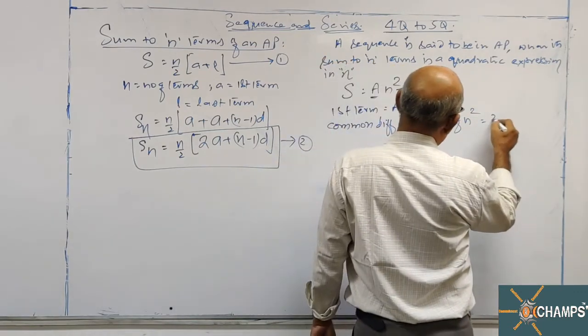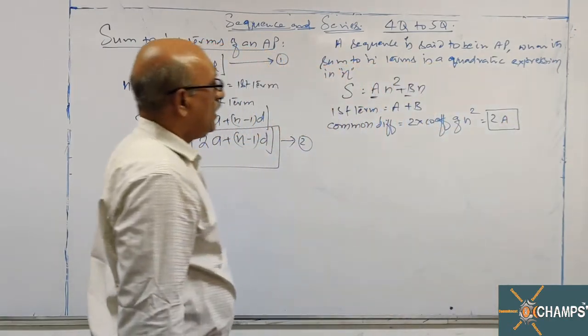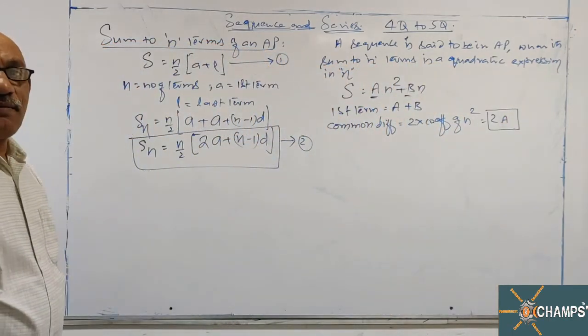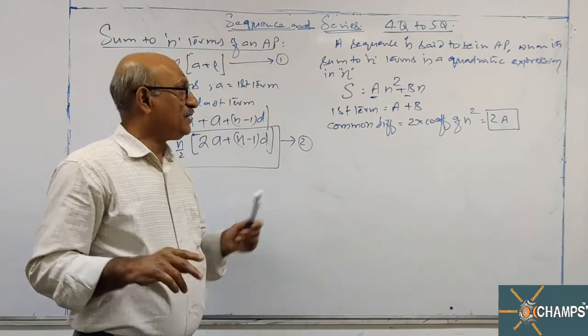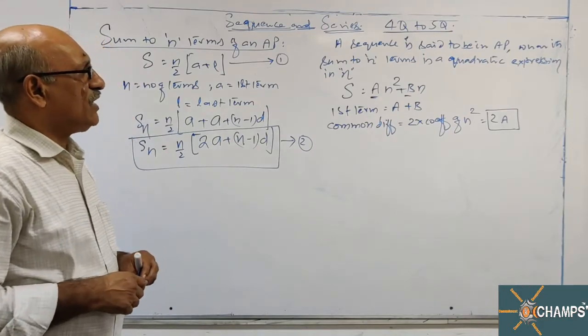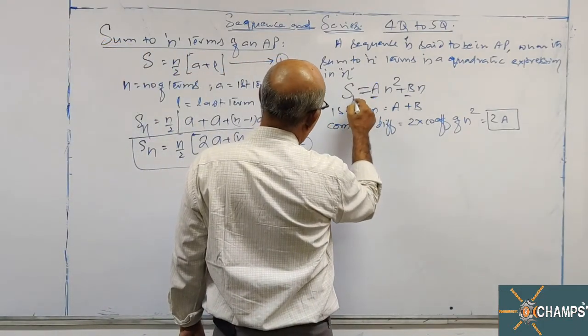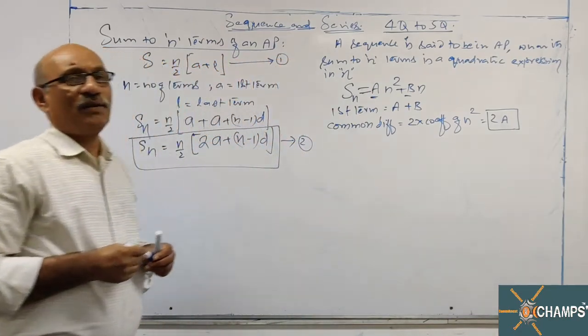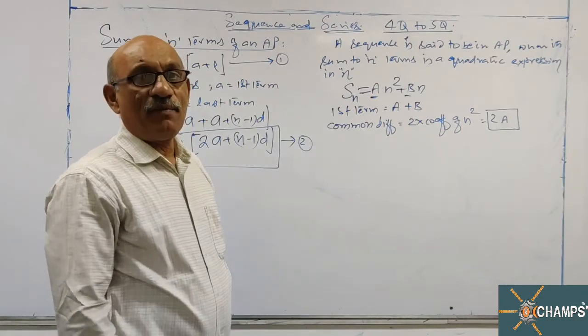This is equal to 2a. Remember this as a result. When Sn is equal to an square plus bn is the sum to n terms of an AP, then you can write the first term and common difference.